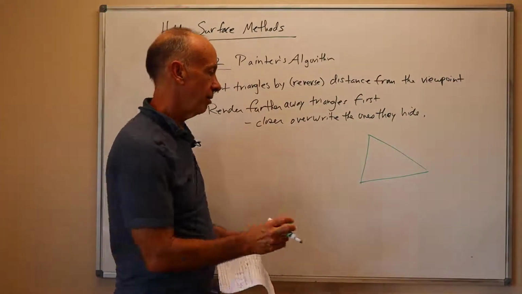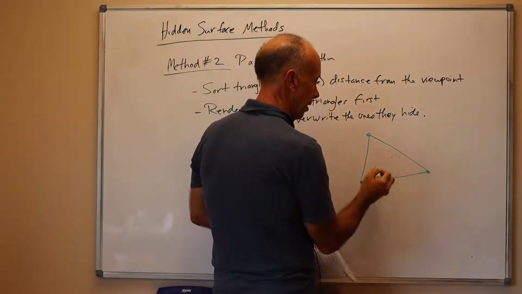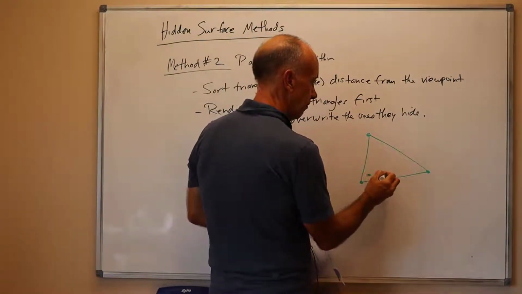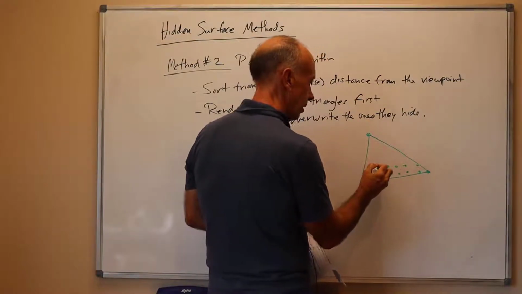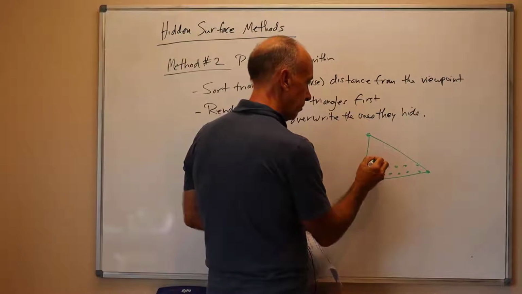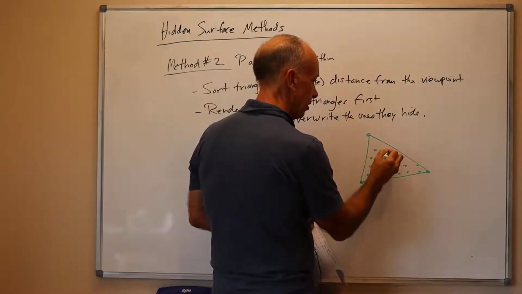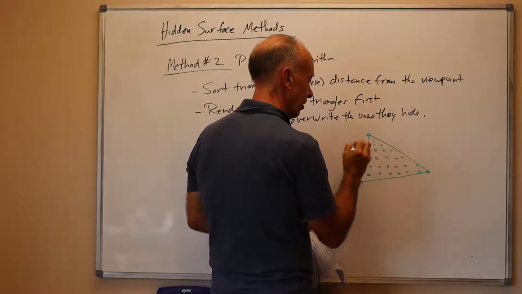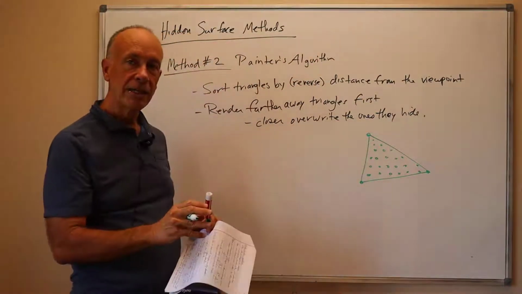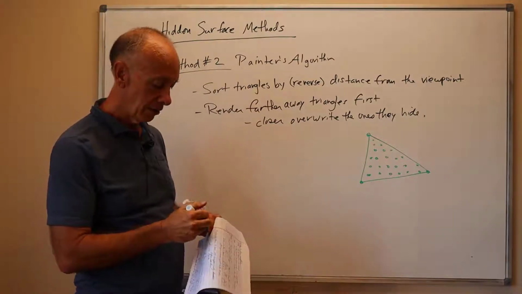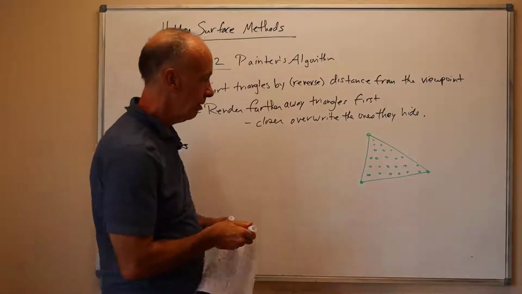So when we draw a triangle, the triangle is specified by the vertices, and then each triangle covers some pixels on the screen. And of course the pixels aren't quite triangular, but we just draw the pixels green that are covered by the green triangle.